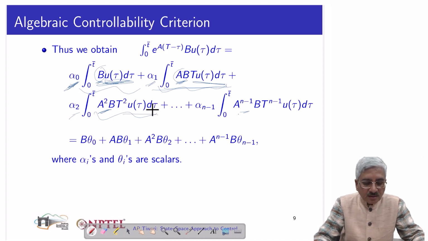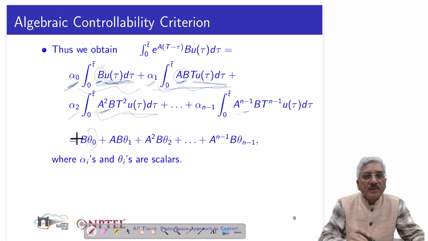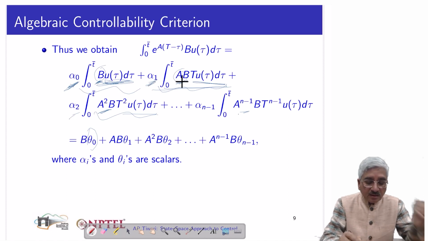And these integrals are, we can see, multiplied by alpha 0, it will be multiplying to B. So we call that multiplier as theta 0. Similarly, alpha 0 into that integral evaluated by first taking out AB as theta 1, and so on.